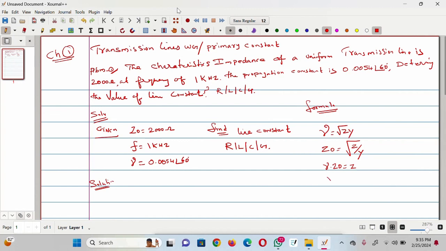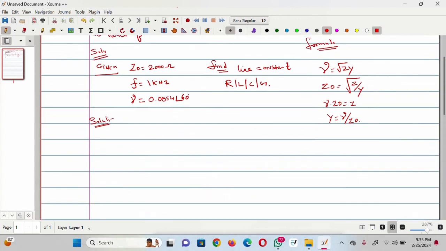What about y? Y equals gamma by Z naught, which is called the admittance y. Based on these formulas we can use these parameters to find the line constants. Okay, now we will move to the problem.